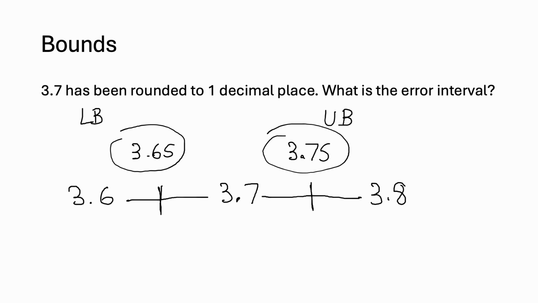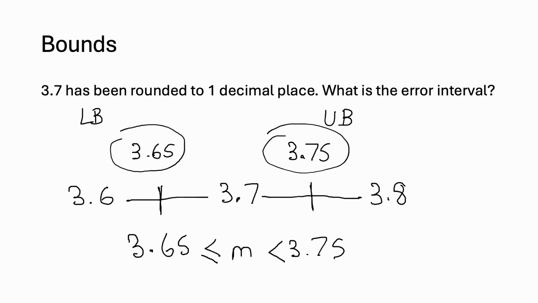So that means that our number has to be bigger than or equal to 3.65, but it has to be less than 3.75.